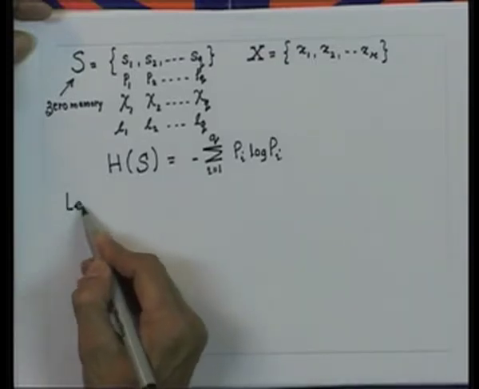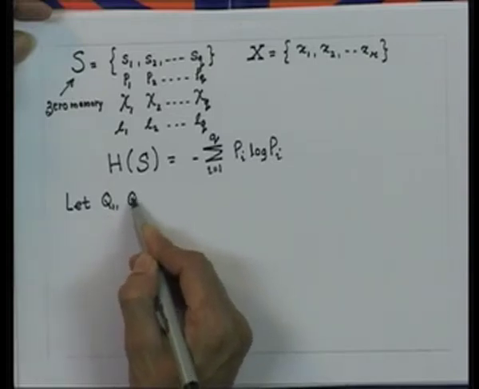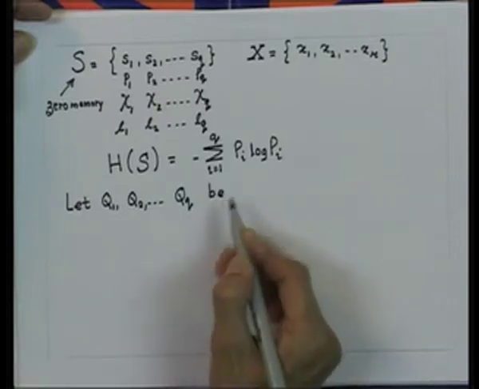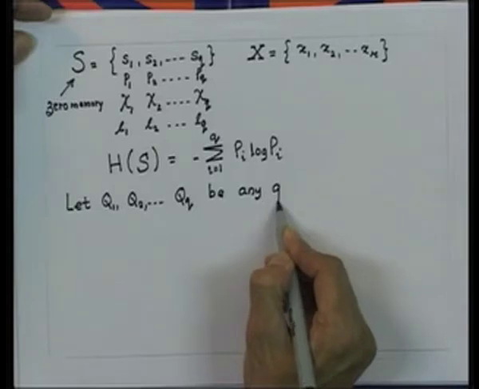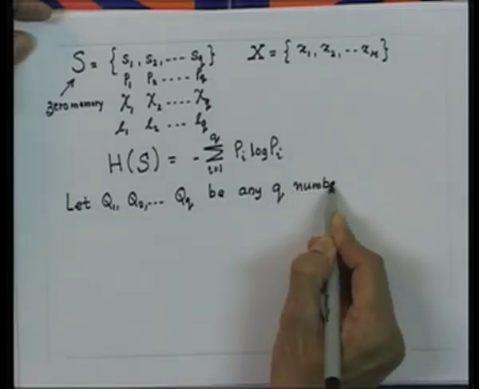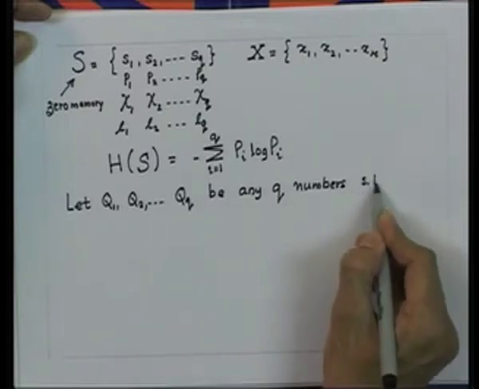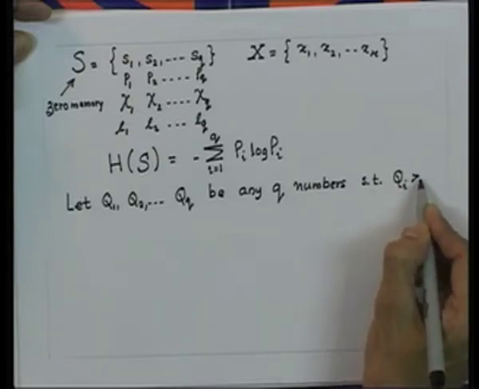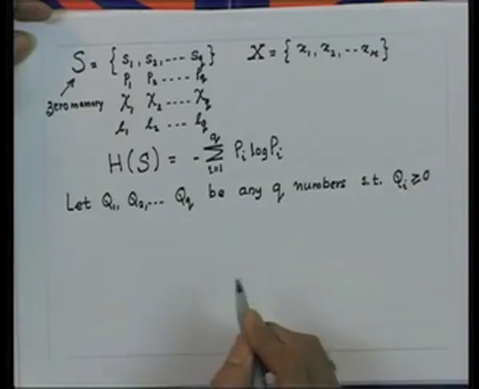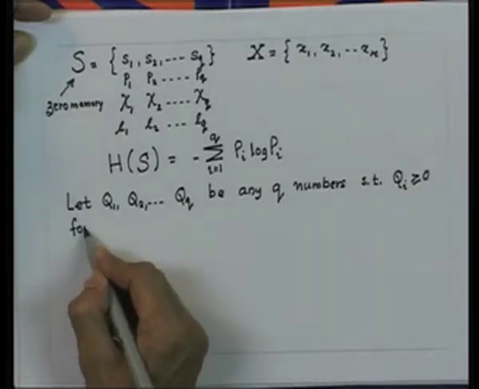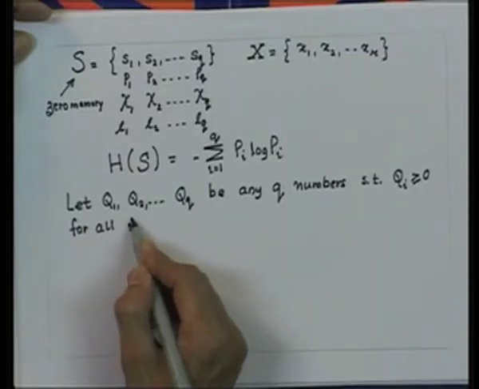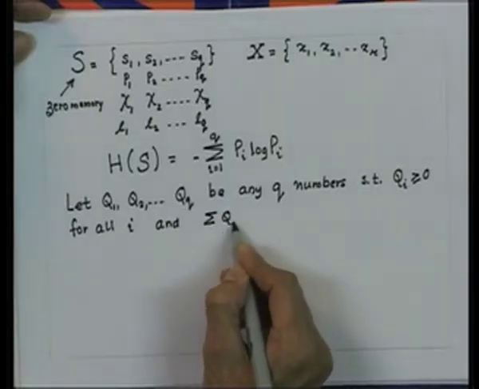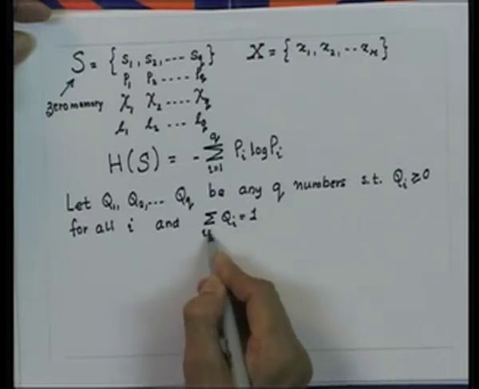Now, for this zero memory source, we know the entropy of the source. Now let Q1, Q2 up to QQ be any Q numbers such that each Qi is greater than or equal to 0 for all i, and we also assume that the summation of Qi is equal to 1.